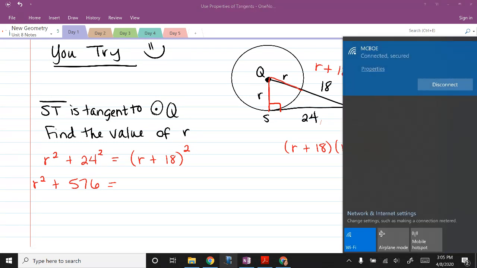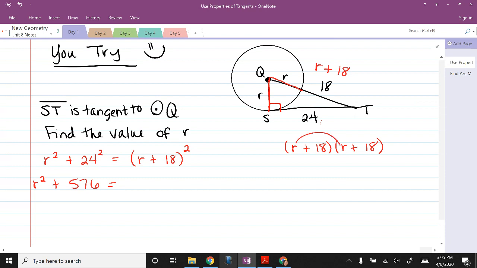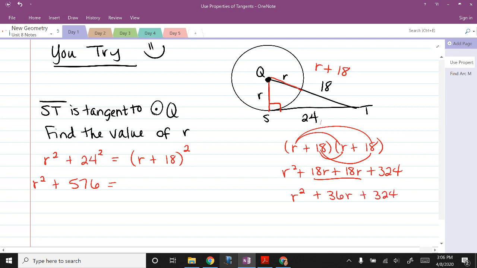So, FOIL method, r times r is r squared, r times 18 is 18r. 18 times r is 18r, and 18 times 18 is 324. Combine your like terms. That is r squared plus 36r plus 324. So I put that over here for my hypotenuse. R squared plus 36r plus 324.